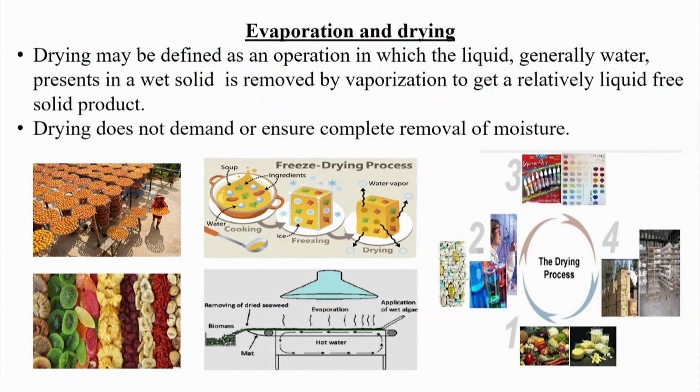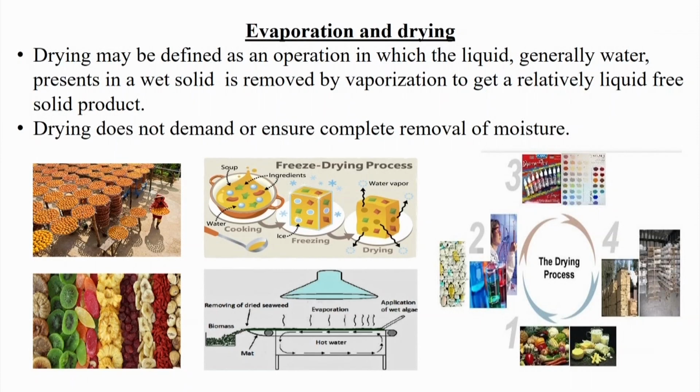Drying may be regarded as an operation in which the liquid, generally water, present in a wet solid is removed by vaporization to get relatively liquid free solid products. So, drying does not demand or ensure complete removal of the moisture.